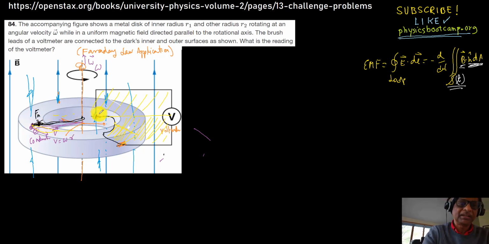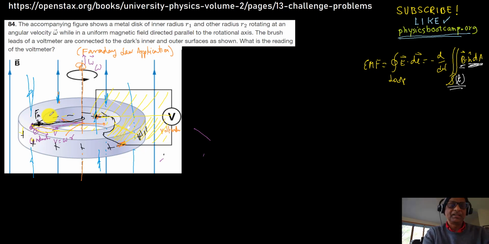which means that unless there was some other force, these electrons will start to accumulate on the inside, and so the outside will become a little bit positive, and the inside surface will become a little negative.